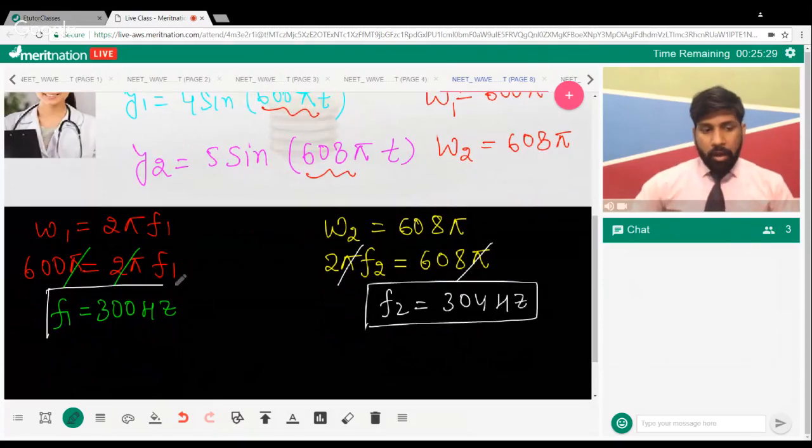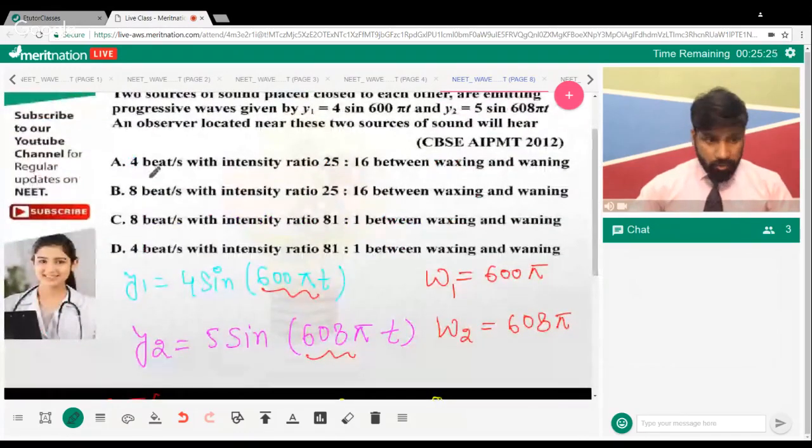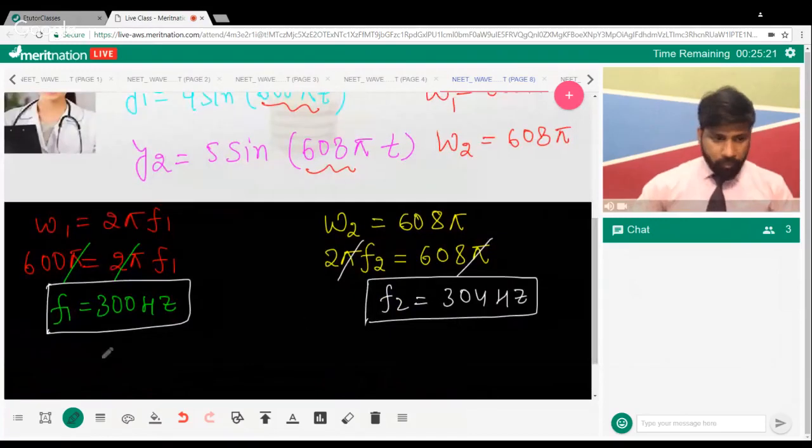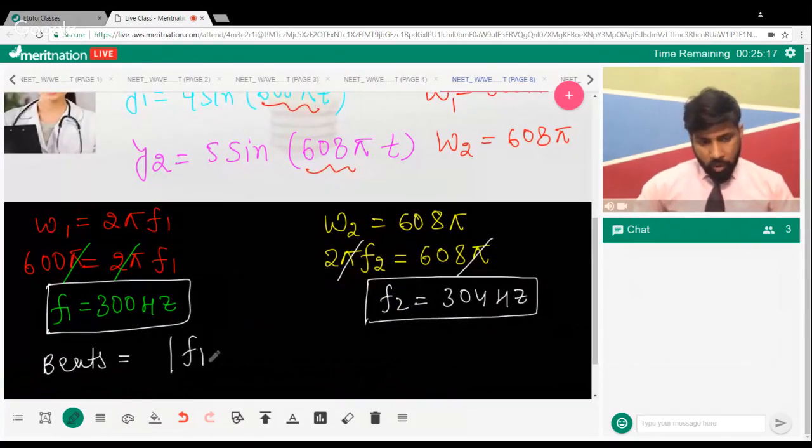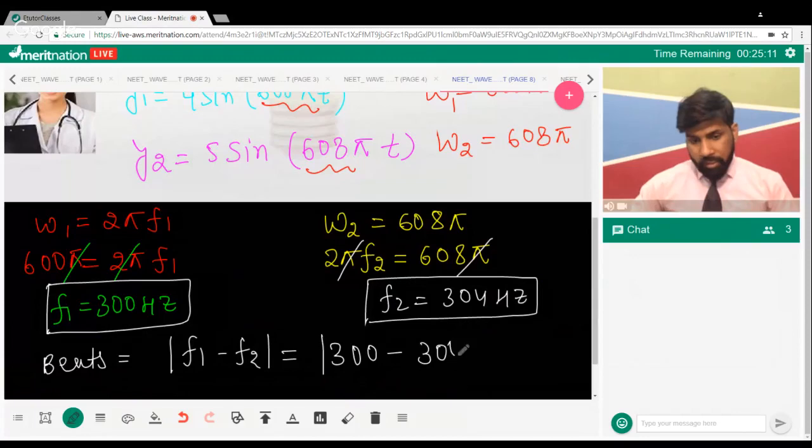Students, how can you find the beats? In these options you can see beats and the intensity ratio. Let's talk about the beats. The beat frequency is mod of f1 minus f2, which means 300 minus 304. So that is 4 beats per second.